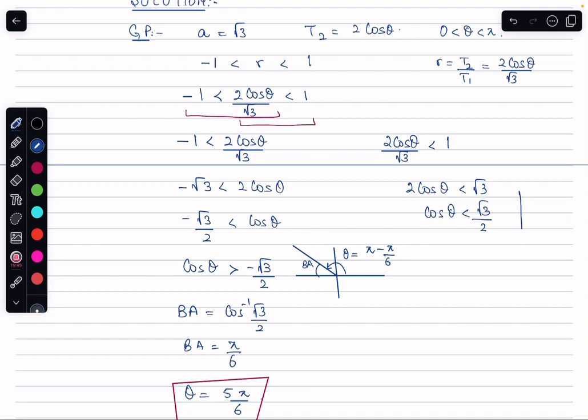Because cos theta here is positive, with angles between 0 and pi, my theta needs to be in the first quadrant, which gives me the basic angle. So cos inverse of under root 3 by 2 should give me pi by 6 here.